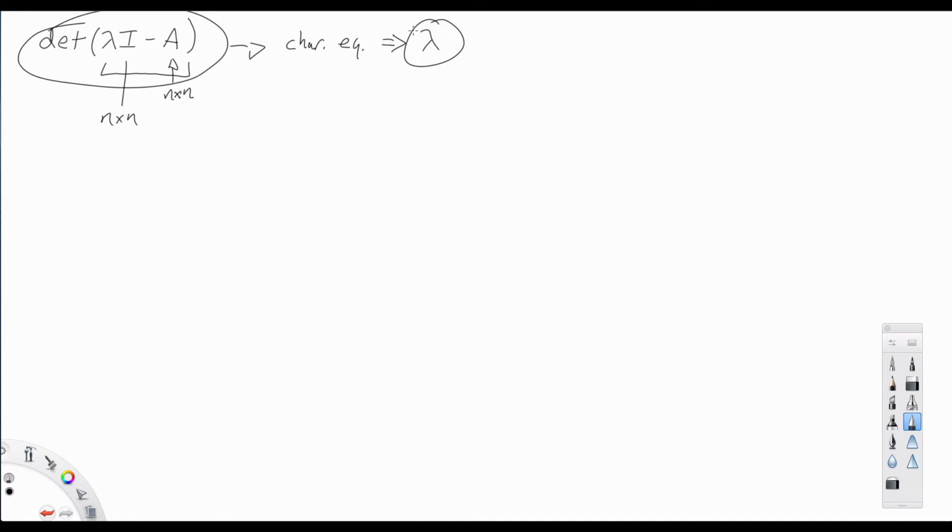Now, if we have some number of distinct eigenvalues m that maybe is less than n, then we can have at most m linearly independent eigenvectors.